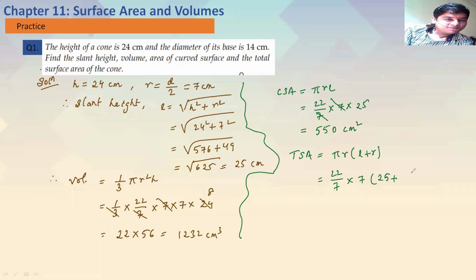It was pi R into L plus R. 22 into 32. I got 704. Yes, 704.